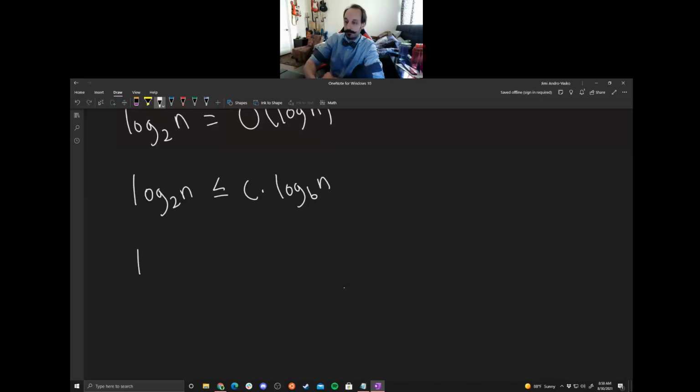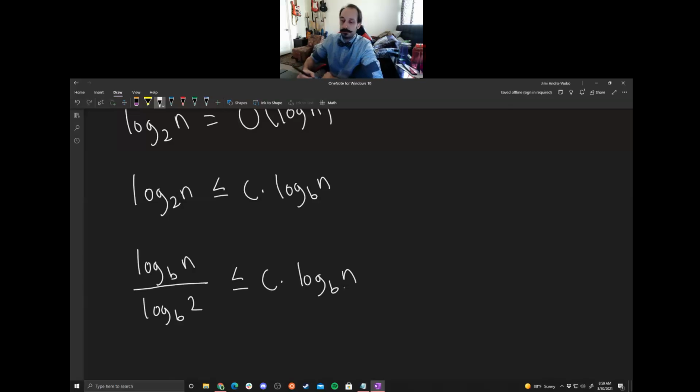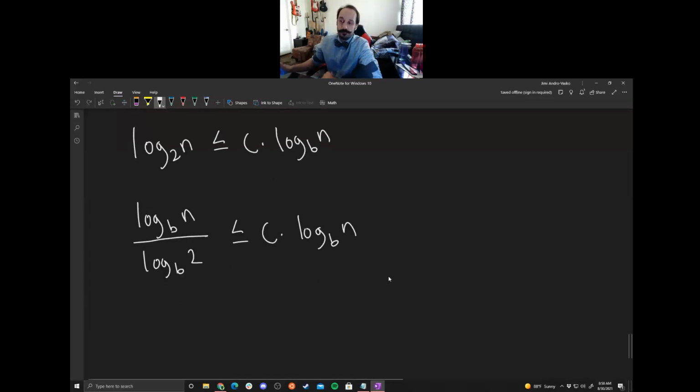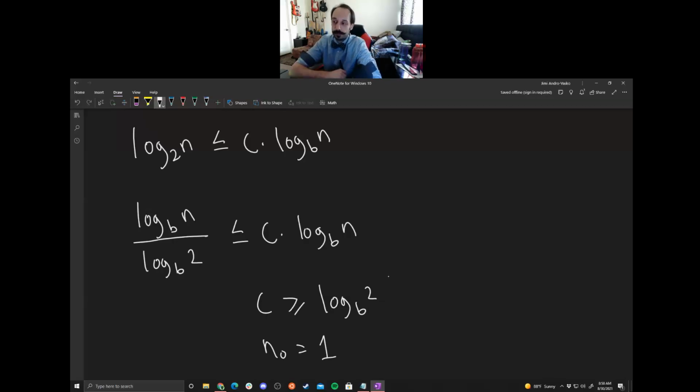So log 2 of n can be converted into log b of n over log b of 2. That's how you convert from log 2 to log b, I believe. So now we can see here, as long as c is larger than or equal to log b of 2, and n naught makes this 1, this will always hold.